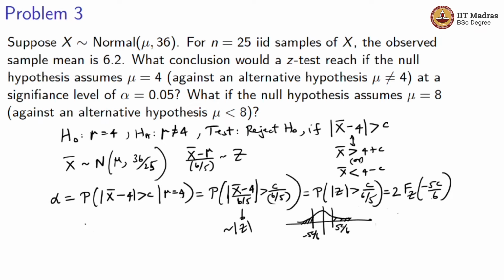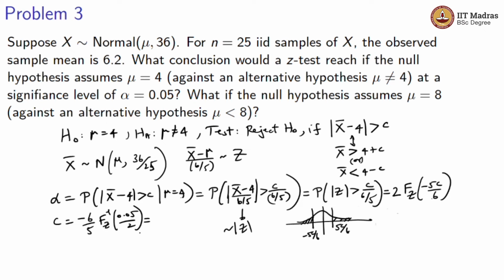So if you want to work it out, C equals, I'm just writing it quicker here, minus 6 by 5 times F inverse of alpha by 2. Alpha is 0.05, so this is what we need to calculate: minus 6 by 5 times F inverse of 0.05 by 2.